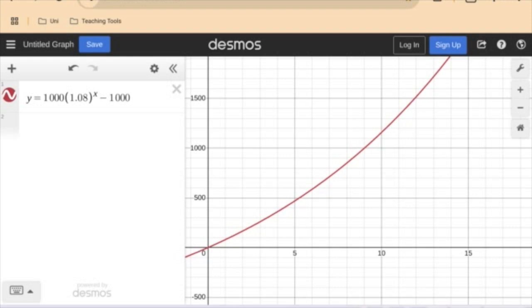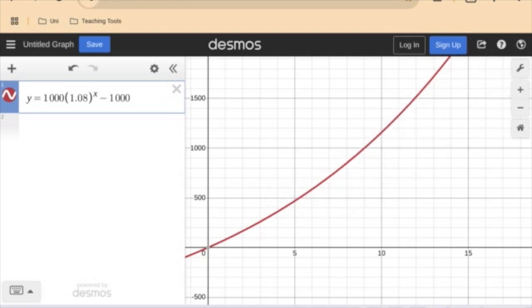On Desmos it works with x and y, so I've replaced my I with y, the vertical axis, and my n with x. So I'm going to get this graph sort of shooting up like this. Hopefully you can kind of see that.